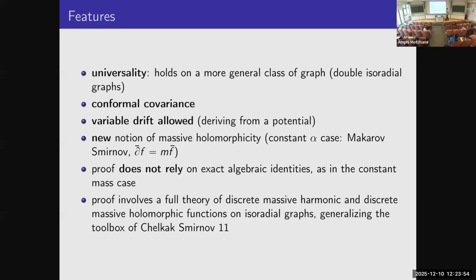An important thing is that we deal with variable drift. The deformation vector is a continuous function, but it changes over the domain, which to our knowledge was not done before, at least in the mathematical community. In near-critical models, people just considered the case of a constant deformation, constant vector alpha, the thing that I pictured here.